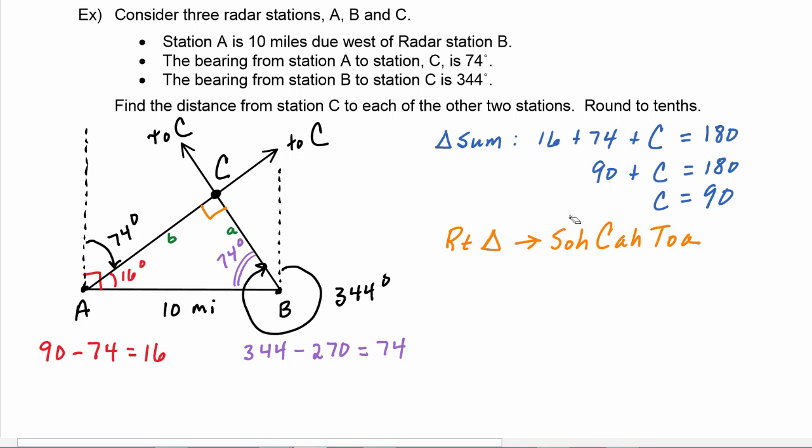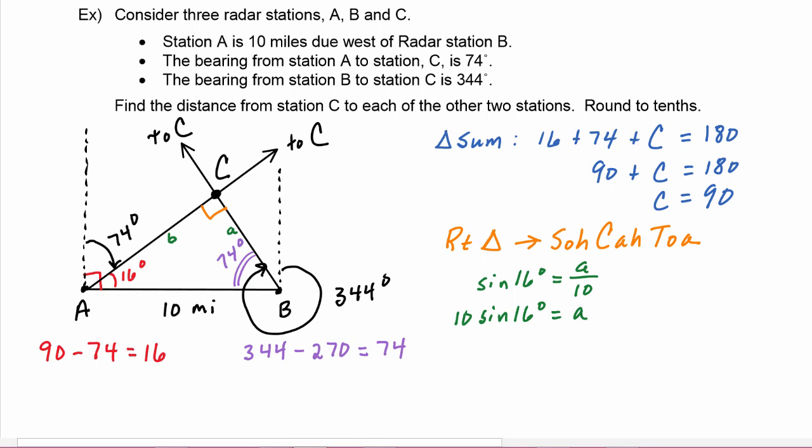So that tells us that we're using the sine function. So then we would have that sine of 16 degrees has to equal a over 10. We cross multiply the 10 up to the left hand side and we get 10 times the sine of 16 degrees has to equal a.